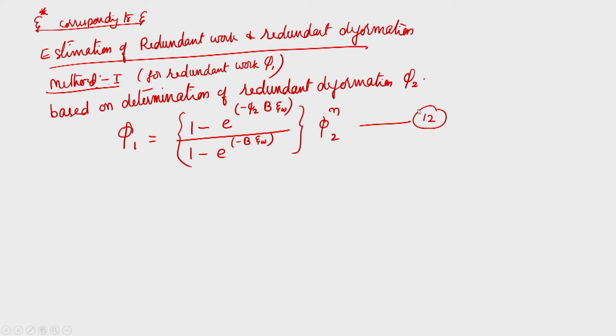This way we can find it. And you will find that this product b into epsilon w is almost equal to 4 mu by delta.